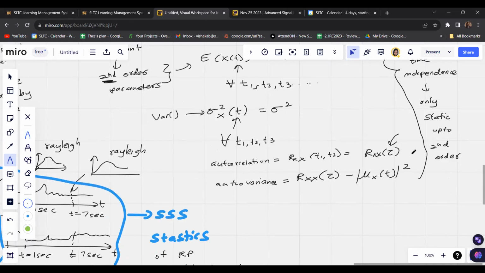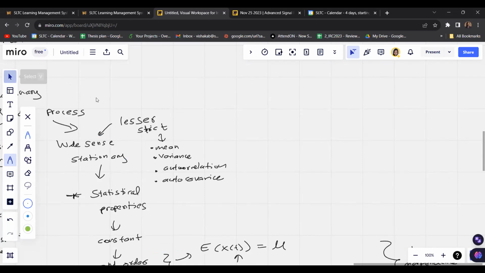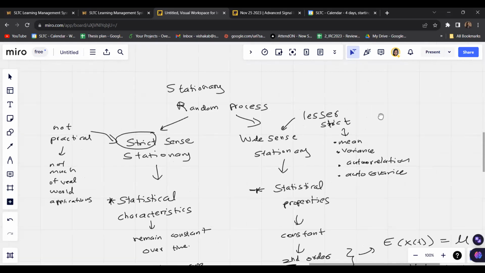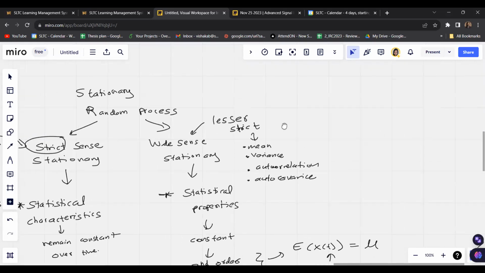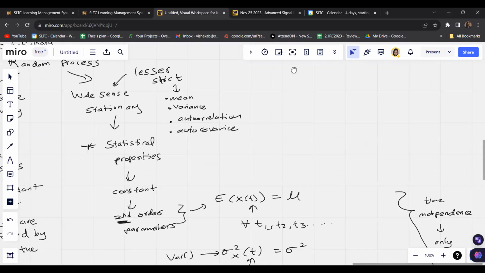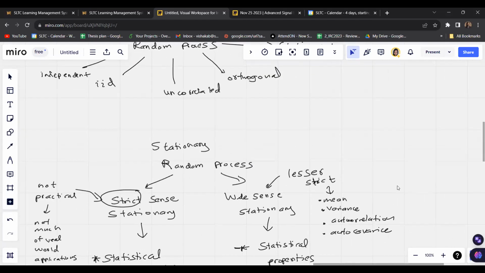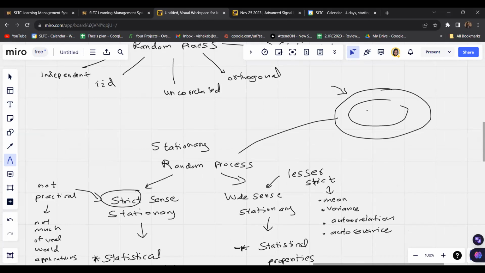And so when we talk in general about all the random processes that we discussed, the strict stationary and wide stationary, when we compare these two processes, we can say that the wide stationary is a subset of the strict stationary. If I can draw that, within the set of random processes, if there's a strict stationary circle, the wide stationary will be only part of the strict stationary.